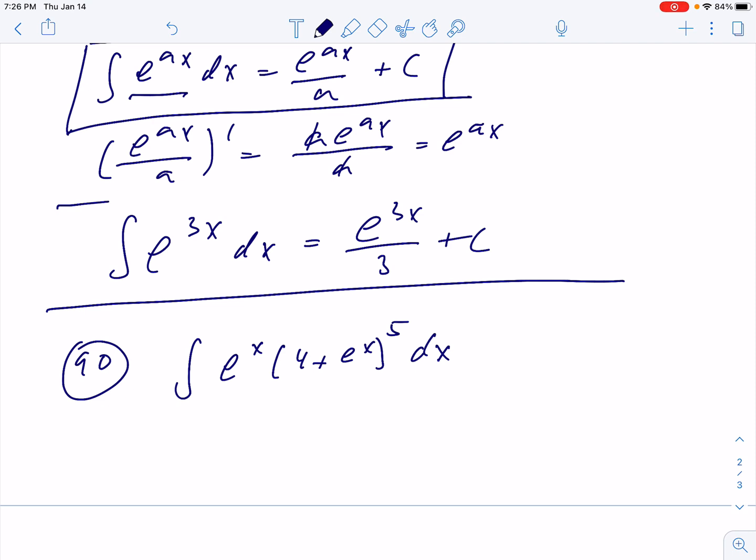And now we shall try substitution again, hoping it will work well. So we set u to be 4 plus e^x. du will be e^x dx. And fortunately we see this product e^x dx here, so we can replace it immediately by du. And the integral becomes the integral of u to the fifth power du.